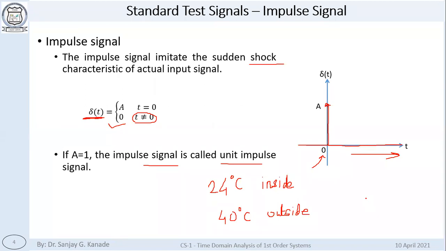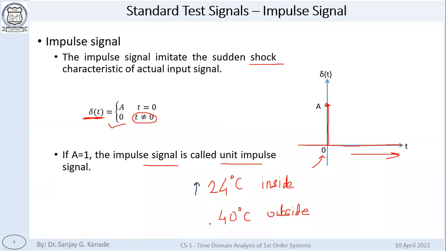Now you can imagine, if this controlled environment of the room is disturbed, the temperature inside will increase, right? Am I right? Are you getting this? Yes or no?